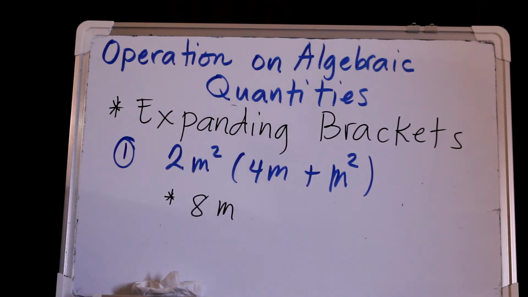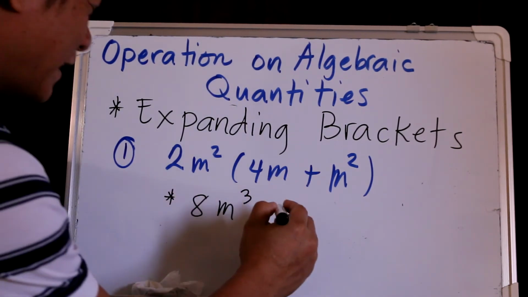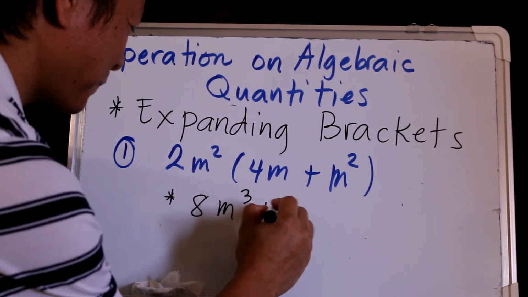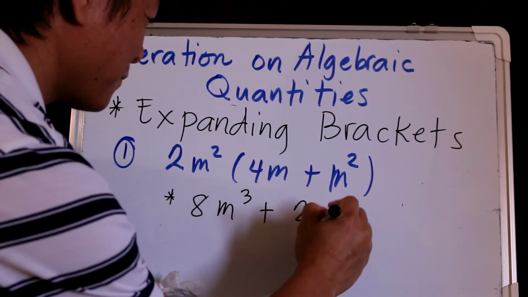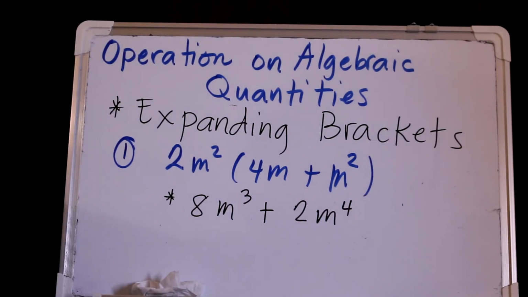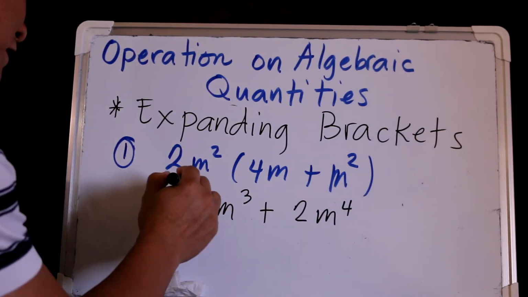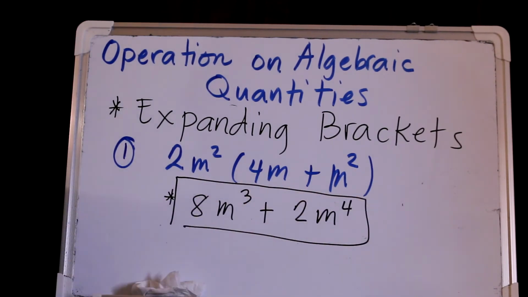When you divide, their exponents will minus. So for this case, it becomes 3 added to 2, so that is 2 and 4 to the power of 4. Okay, so this will be our answer for simplifying.